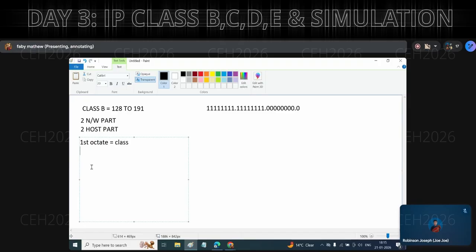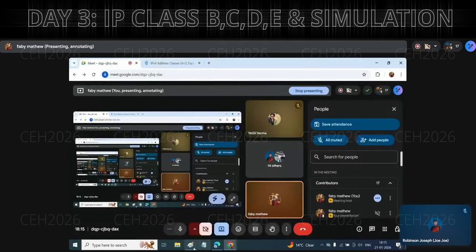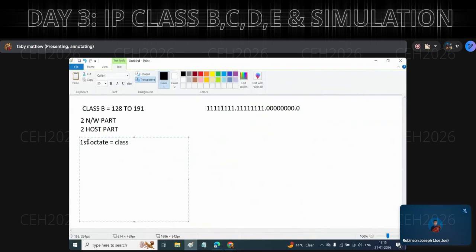In class A also, we define the range of the value in the first octet. Similarly in class B, we place a value in between this range in the first octet. But in the second octet, the range should be 0 to 255. Always remember it. We can place any value over there.